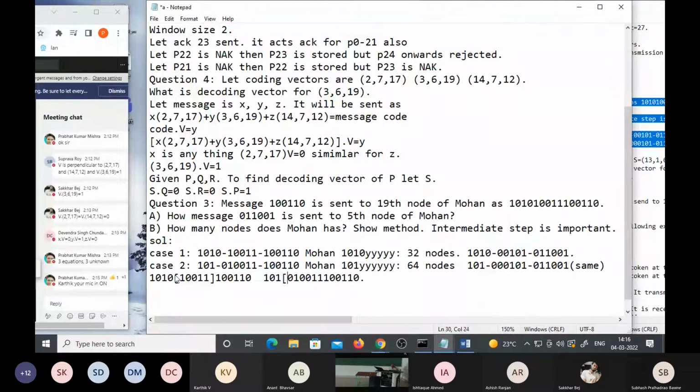This is also 19 in this. But this is not a 19. This is not a 19.